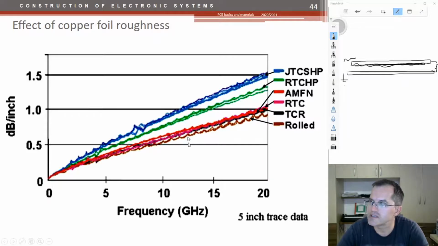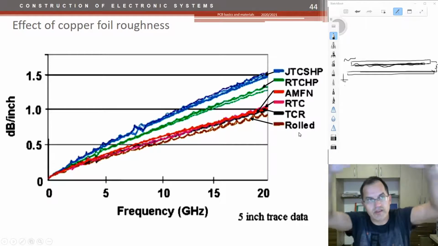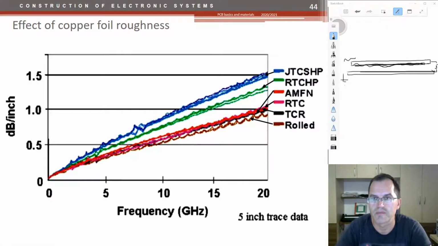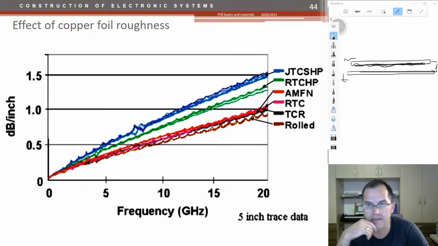The losses at certain frequencies could be doubled or halved if you take a better material, which has less roughness. The best copper layers are rolled layers, from rolled sheets of copper that are bonded to the surface. The electrodeposited is, of course, the lowest quality material for that.